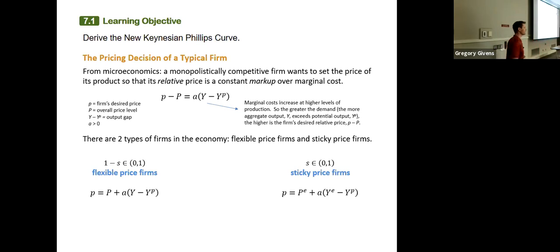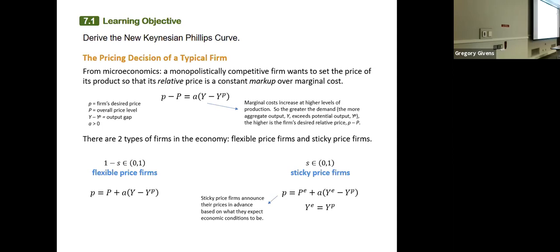Now, we're going to assume here, to make the arithmetic as easy as possible, that Levi, your sticky price firm is going to form expectations of actual output in the following way. You're just going to assume that expected output will equal potential. All right, one way you can rationalize this is by thinking that firms are going to assume that the central bank tries to bring actual output in line with potential over time.